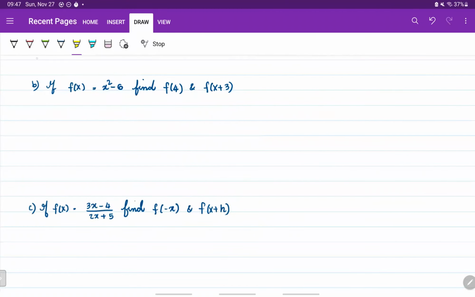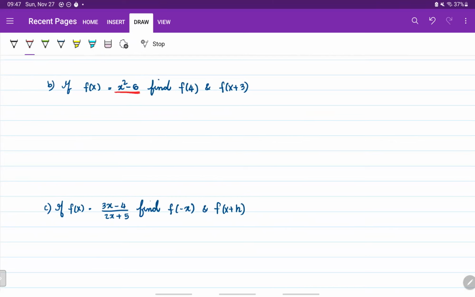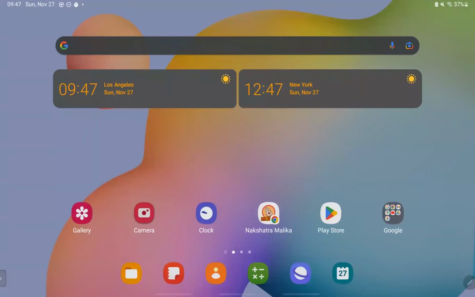Okay, let us do some more examples. Here we have f of x equals x squared minus 6, and we want to find f of 4 first.